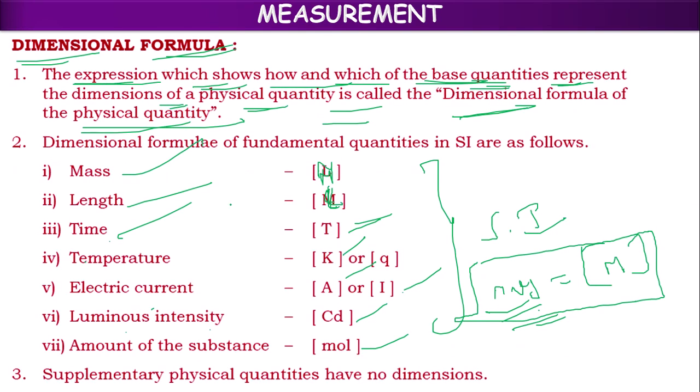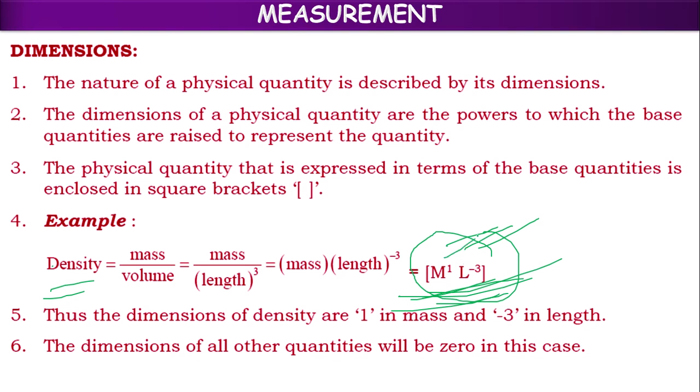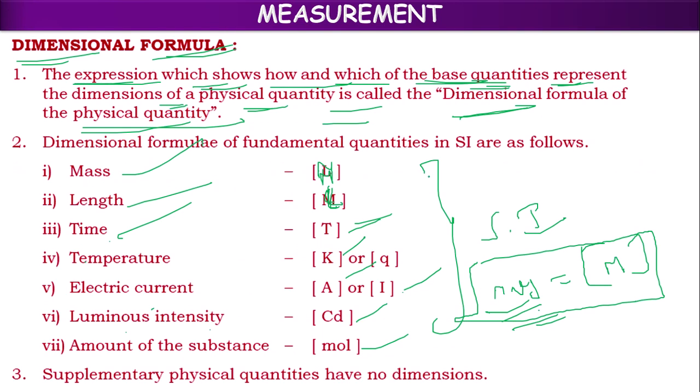Because dimension means only the powers, not the complete expression. Here, for mass 1 is the dimension, for length minus 3 is the dimension, that's all. This complete expression is called the dimensional formula of density. Like that, all the base quantities in the SI system have specific dimensional formulae.